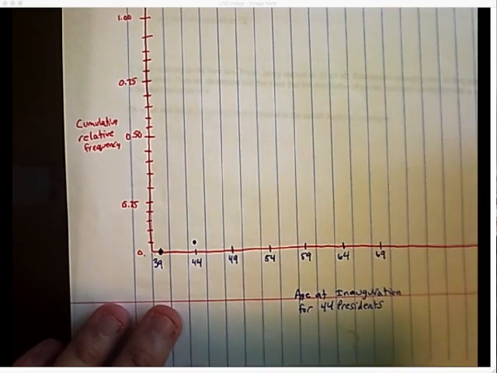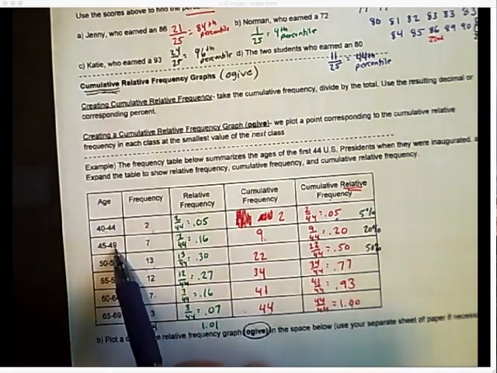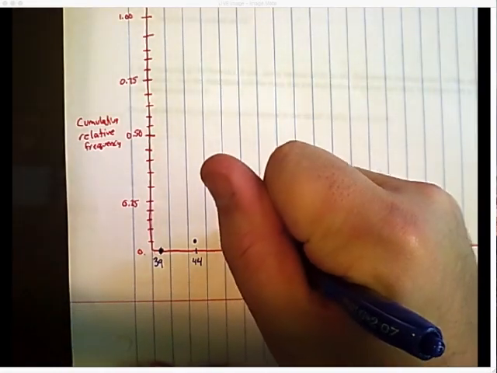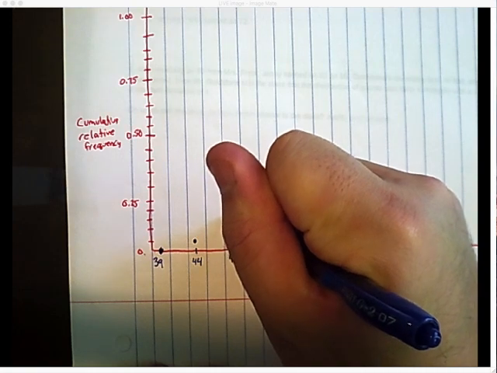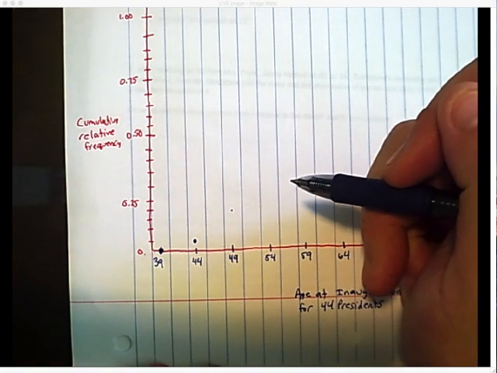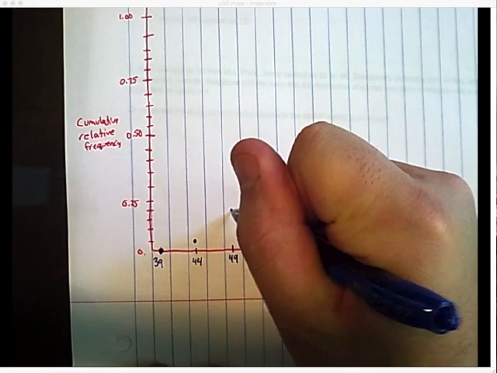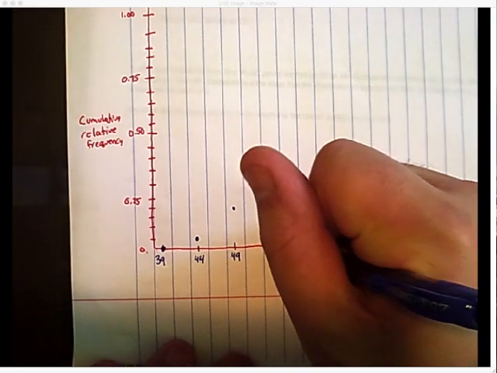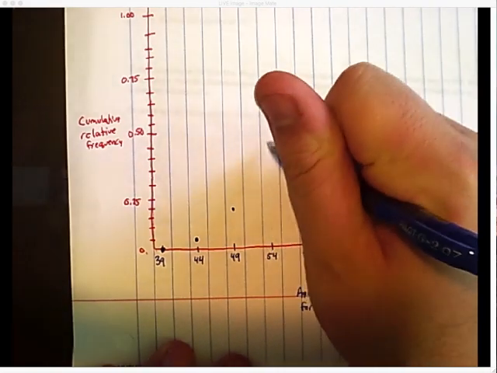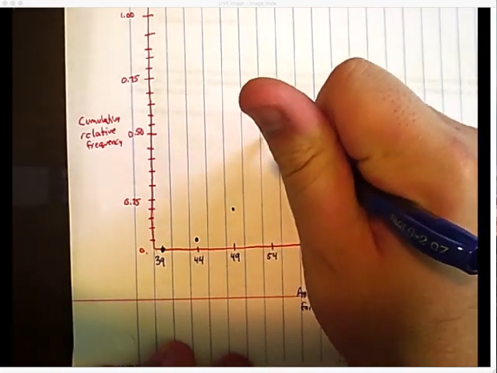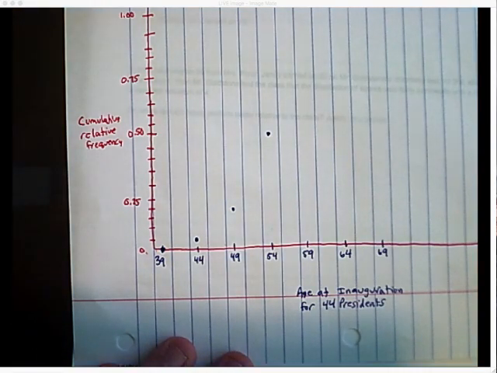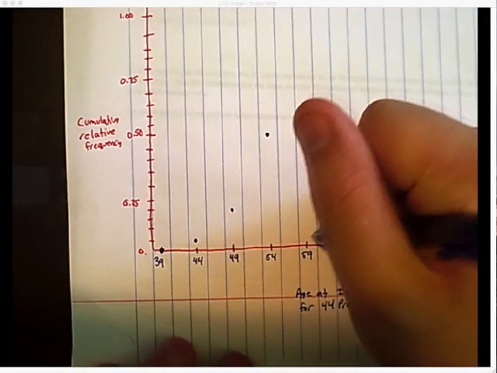Okay. Then 20% were 49 or younger. So at the 49, I'm going to take it up till it hits roughly about 20%. So maybe about right there. Looks about right. 50% were 54 or younger. 77% were 59 or younger.